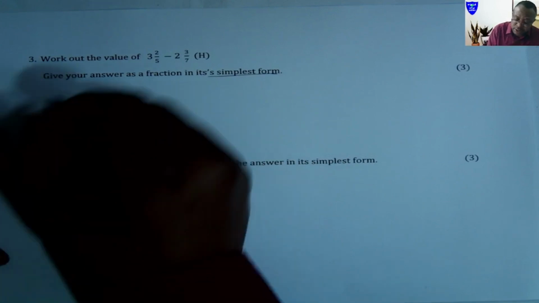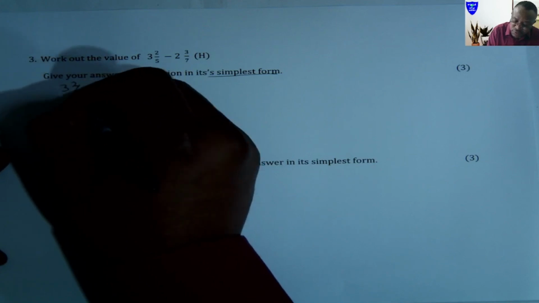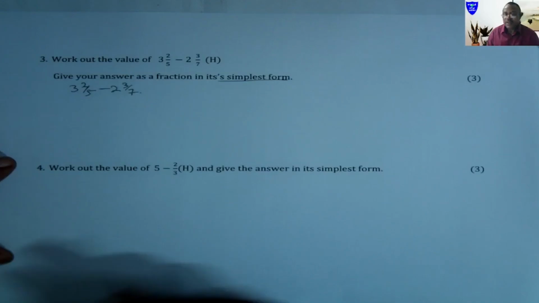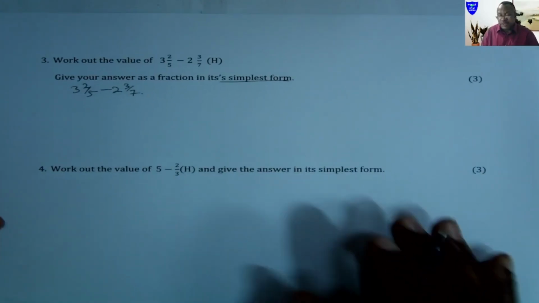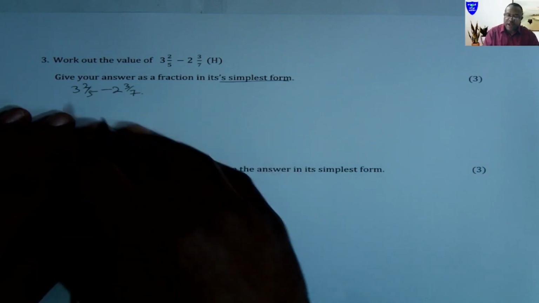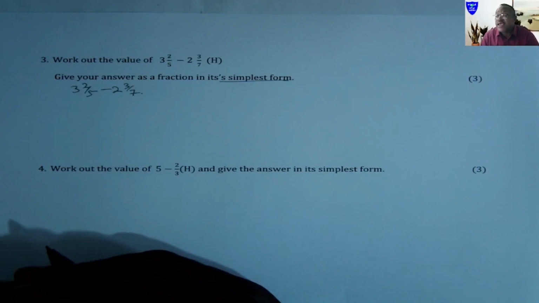Okay, so this is what we will do, guys. 3 2/5 minus 2 3/7. Now, in this case, there are two methods you can use. You can either, first of all, simplify these mixed fractions into improper fractions, if you like, which I'm not going to do at this point.